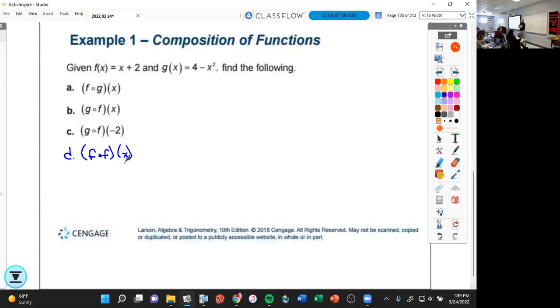Letter A, f of g of x. That means I'm going to take the f function, and instead of writing an x here, I'm going to write g of x here, which means I'm going to take the f function, and everywhere I see an x, I'm going to replace x with the g function.